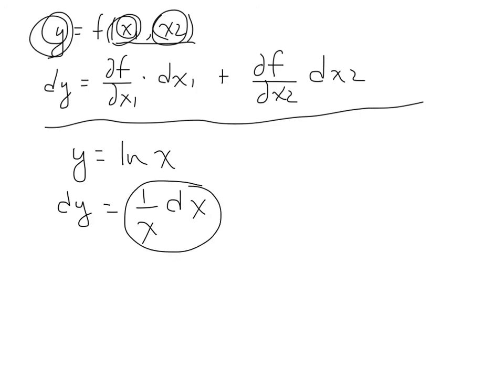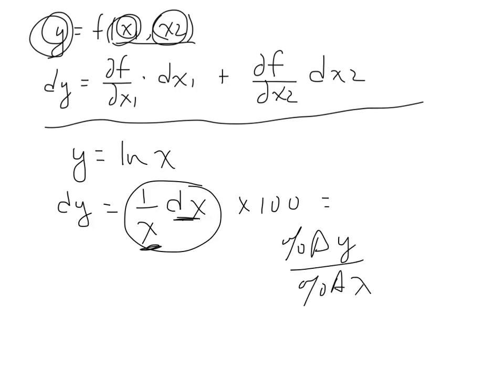If we have the change in x and we're dividing by x, this is almost the percent change in x. If we multiply this by 100, that would equal the percent change in y over the percent change in x.